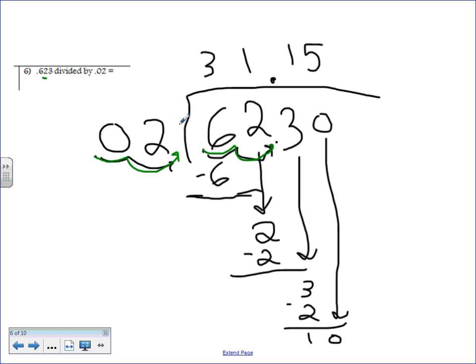So now my problem really is 62.3 divided by 2, which is a lot easier, right? All I had to do was bring that up to the answer. Got a little tricky here where 2 doesn't go into 3 evenly. I had 1 left over, so I added a 0. 2 goes into 10 5 times. Right, but again, the decimal has to be in the right place. Move them over, move it up.